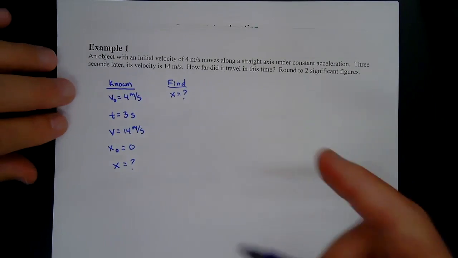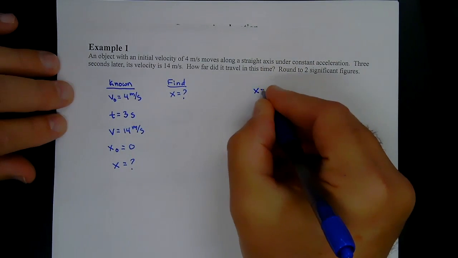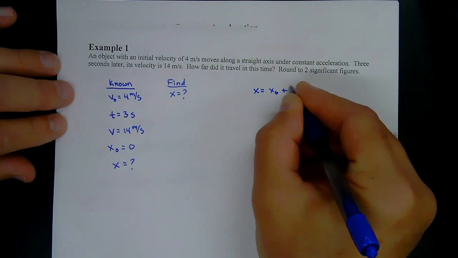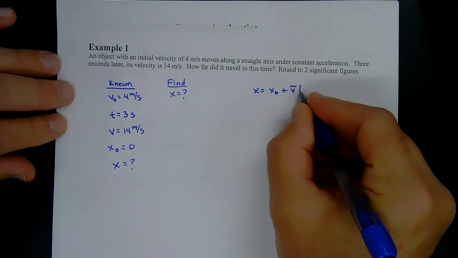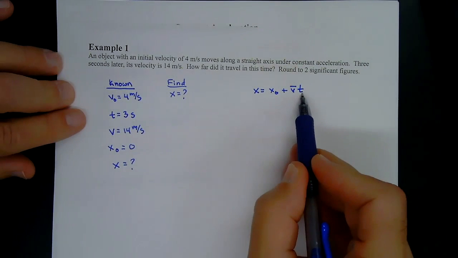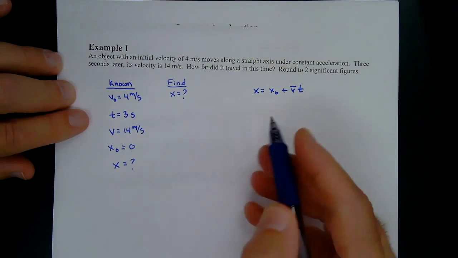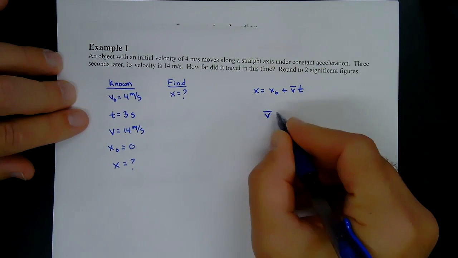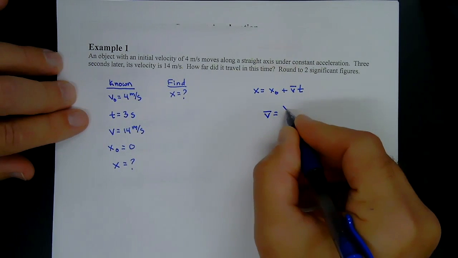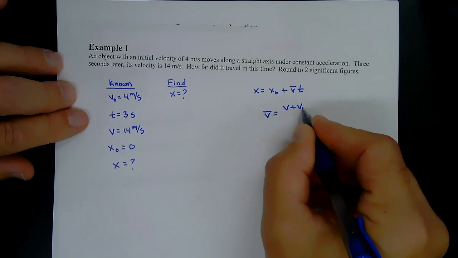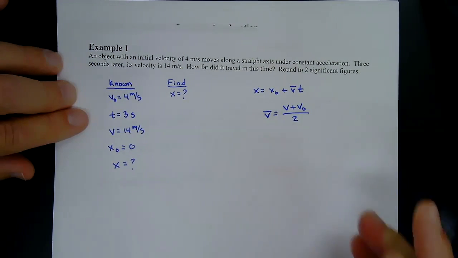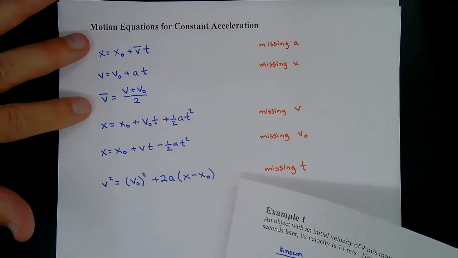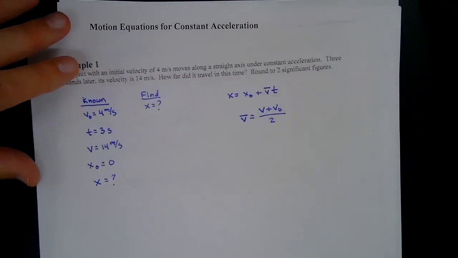So I'm going to use x is equal to x sub o plus v bar, the average velocity, times time. I know the time is 3. I don't have my average velocity, but I'm also going to use the fact that my average velocity is equal to my velocity plus my original velocity divided by 2. And that's this one. So I actually have to use these two together with each other.